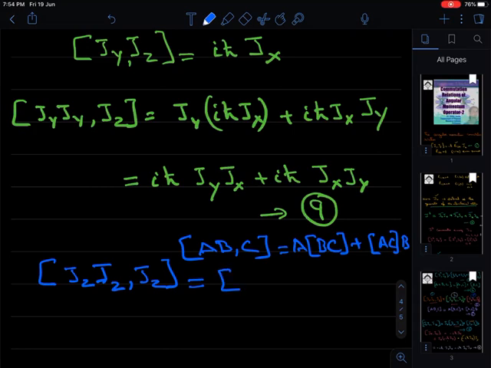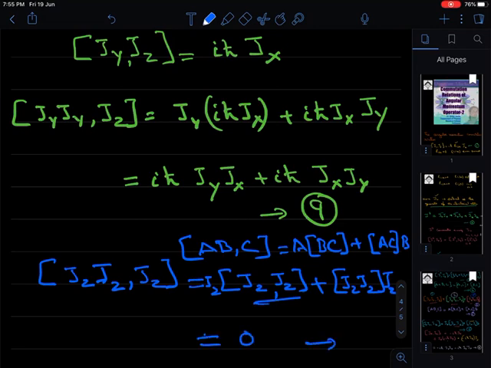So with that you can just write it is jz times [jz, jz] plus [jz, jz] times jz. As I told before, if any two indices of epsilon ijk are equal, then that will be equal to 0. So this will be 0.